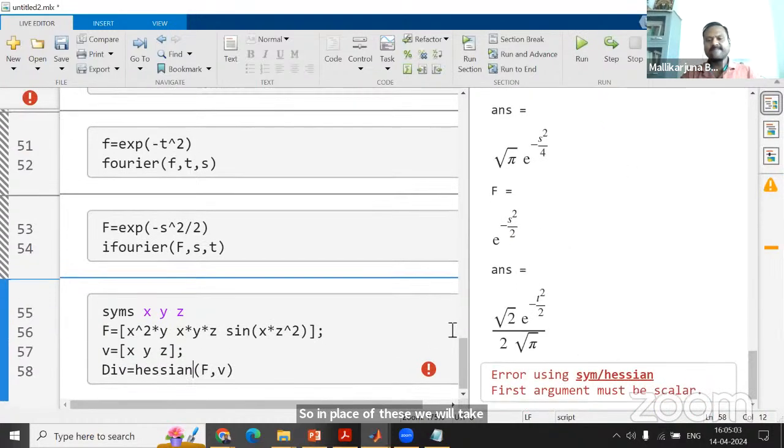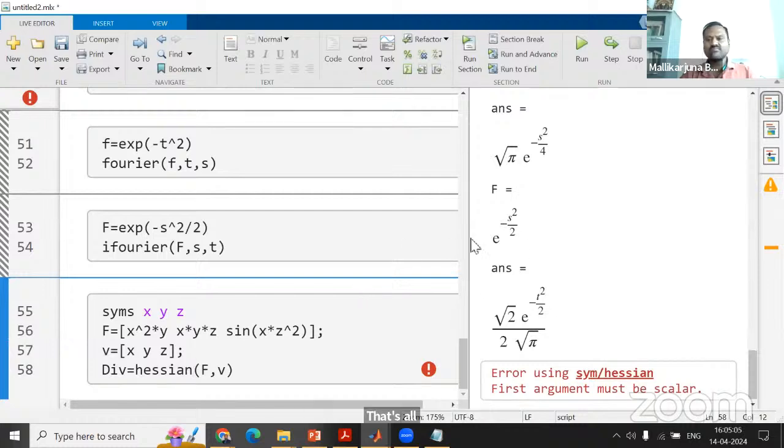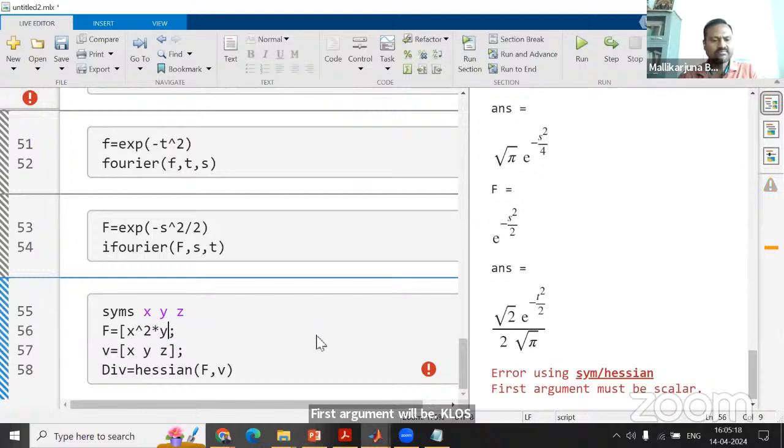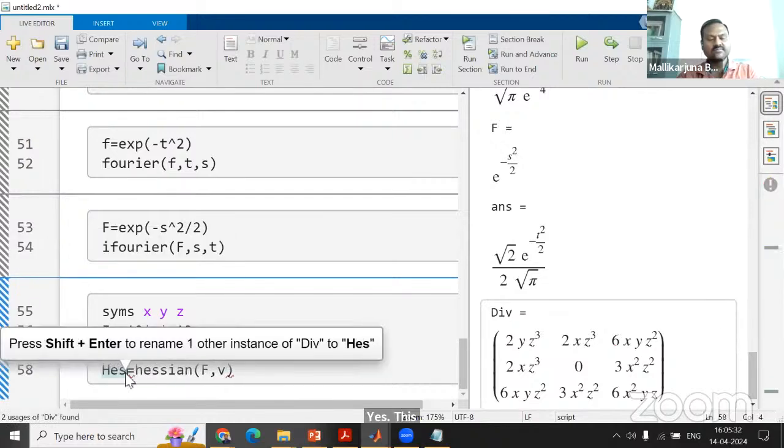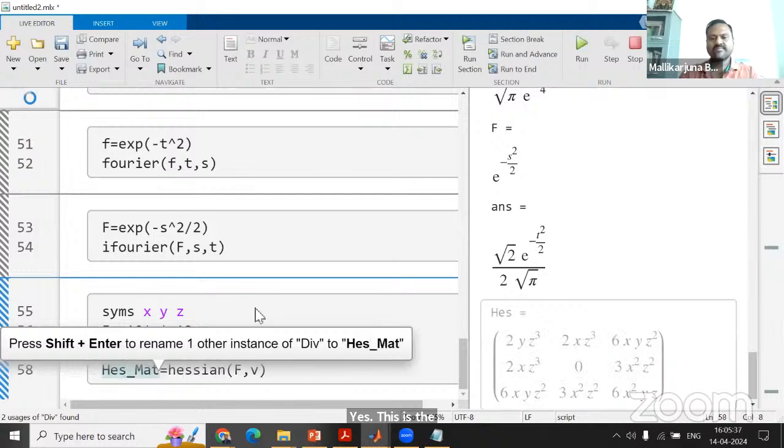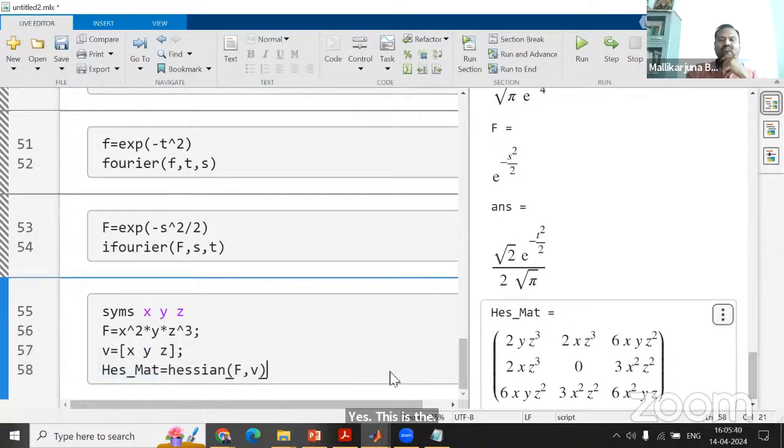That's all. First argument will be scalars. This is the Hessian matrix. It's got, right?